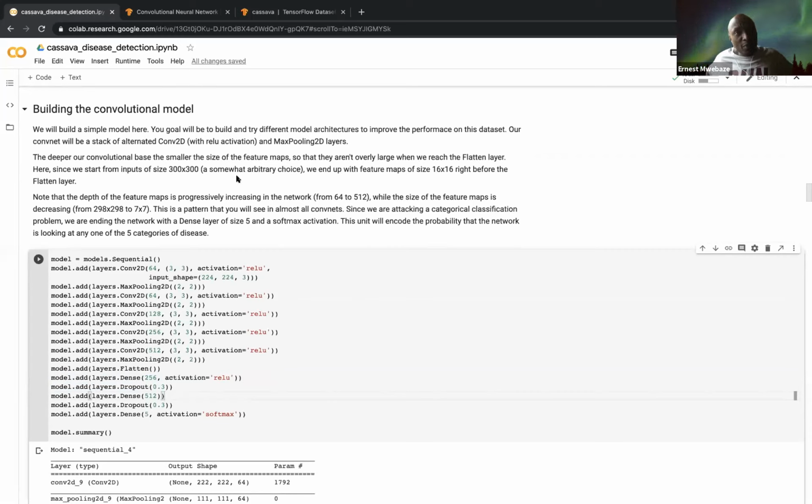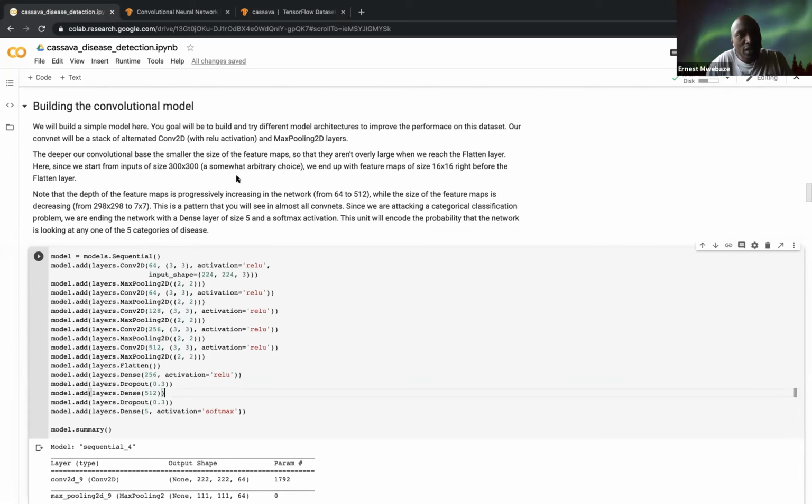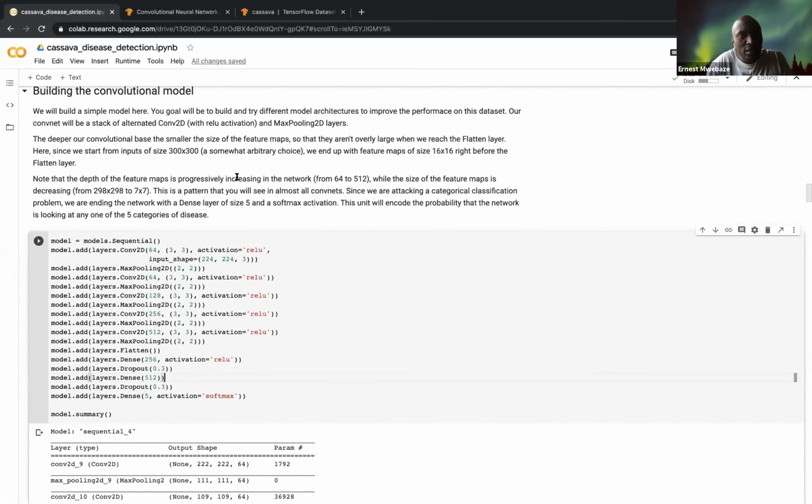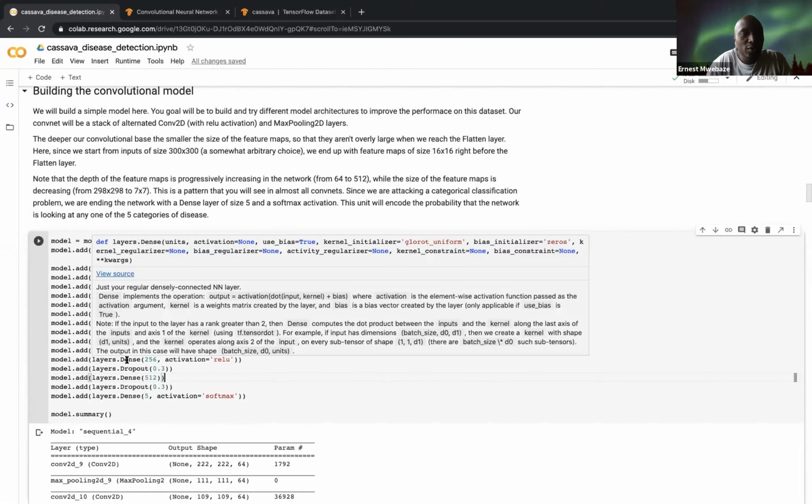Okay, so the deeper our convolutional base, the smaller the size of the feature maps. Feature maps are basically the features that you extract as you continually go through the layers. So we have different layers, like the 2D convolution. You have a max pooling layer and a convolutional layer that do sort of opposite things, and then you have dense layers that you can use for immediately doing things like classification.